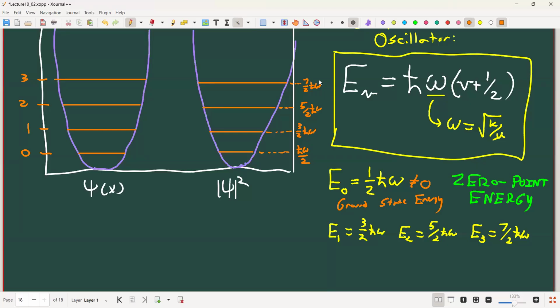As n gets bigger, the spacing gets larger. That's not true here. What's the spacing between these? E0 and E1 are different by h bar omega. E1 and E2 are different by h bar omega. E2 and E3 are also different by h bar omega. Every single level in your harmonic oscillator is spaced by the same amount of energy. You have a symmetric ladder of energy levels. They're all spaced by the same amount.